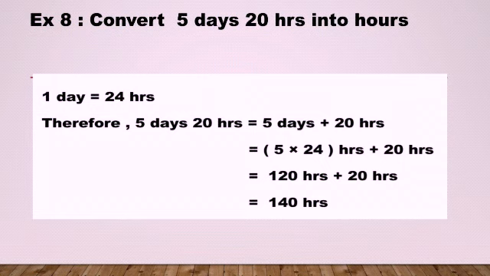We can separate first, then we have to multiply the days portion by 24. After multiplication we can add, and after adding we are getting 140 hours. So this way you can solve this type of conversion sum.